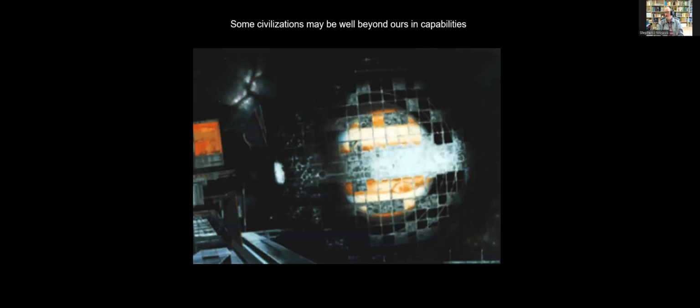Some civilizations may be so far beyond what we can understand. After all, our galaxy is something like 9.5 billion years old. The first stars of our galaxy could have had planets, maybe a little bit different from ours.